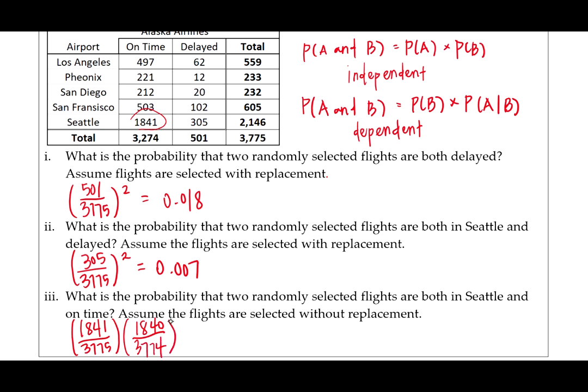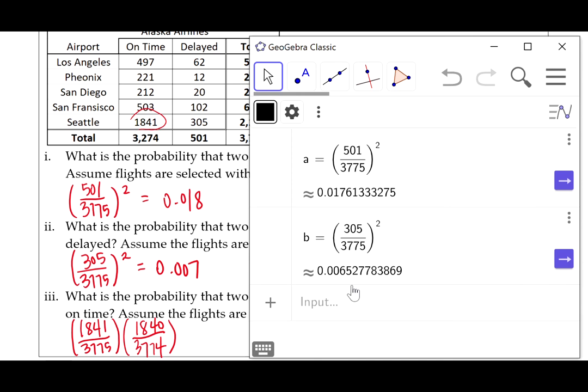In this case, I'm using the second multiplication rule because these are dependent events. When you select without replacement, the events are dependent. And so therefore my second fraction there is a conditional probability, conditioning on the fact that I've already removed one of those flights in the on time and Alaska cell. So I can do this calculation.